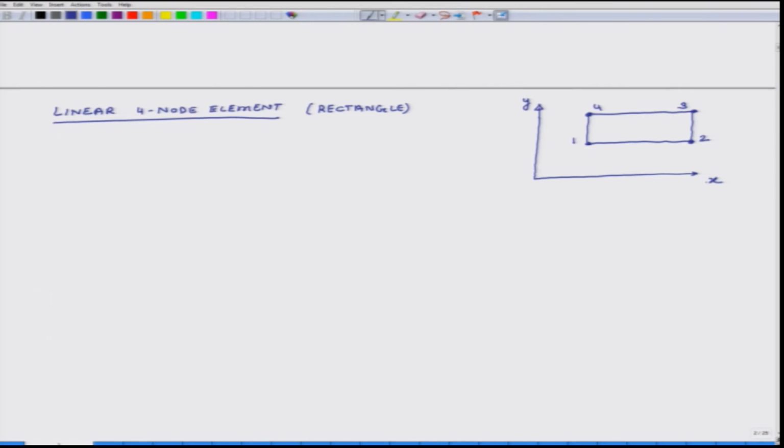So, x and y is my global coordinate system, and here I will also put a local coordinate system, which is x bar and y bar.